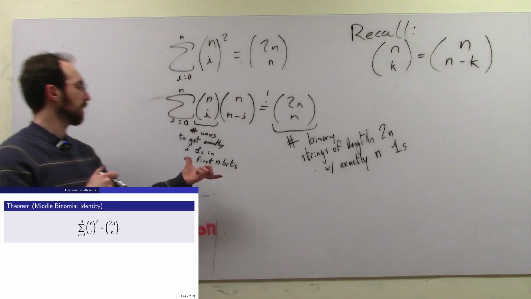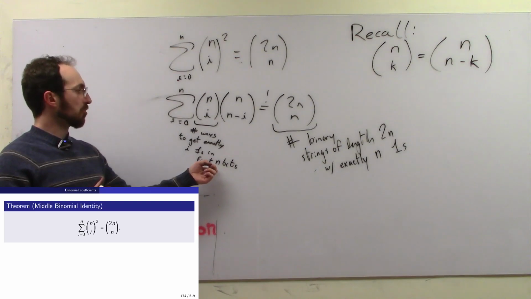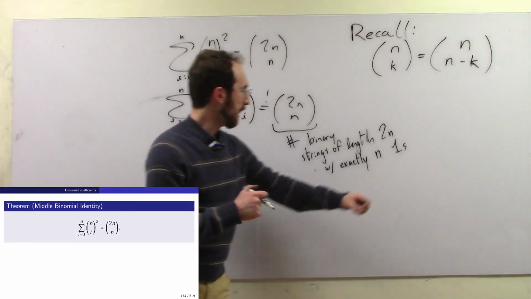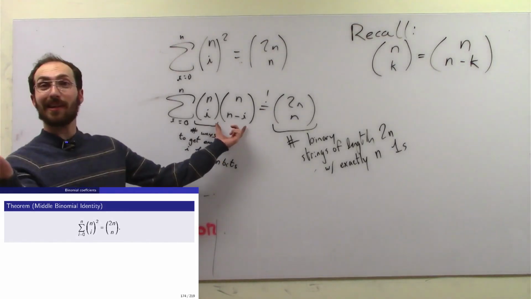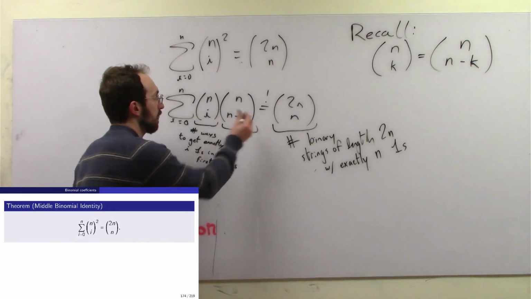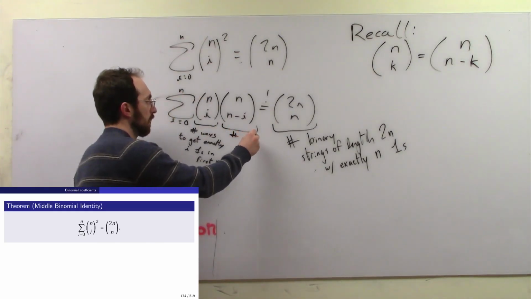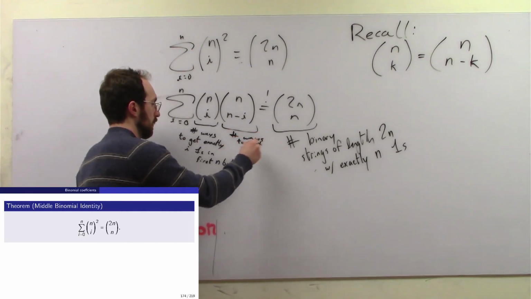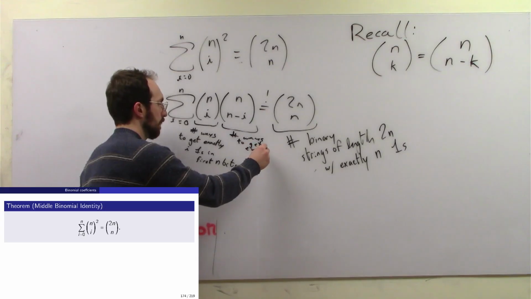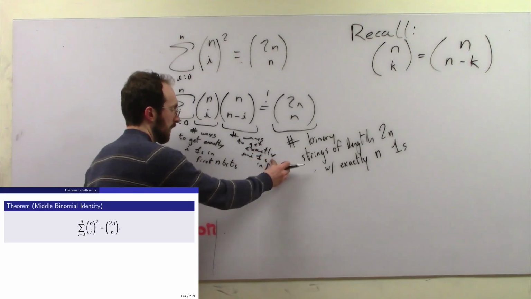Cool, awesome. We have i ones in our first n bits, and so to get n ones, we just need to fill out the second half of the n's with n minus i ones. Now let's see, so number of ways to get exactly n minus i ones in the second half.